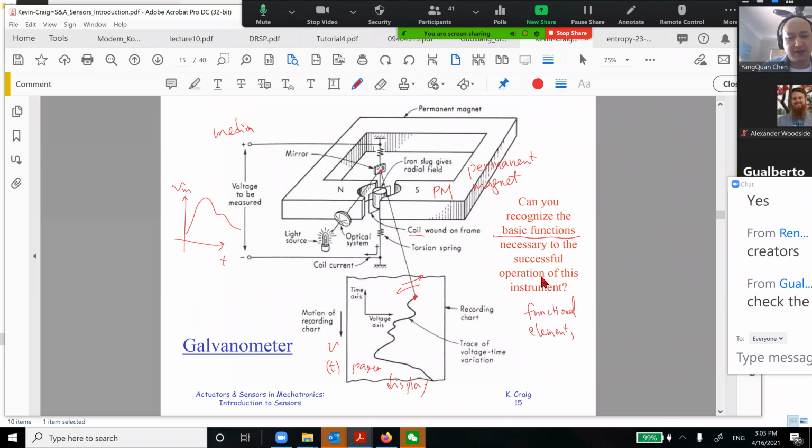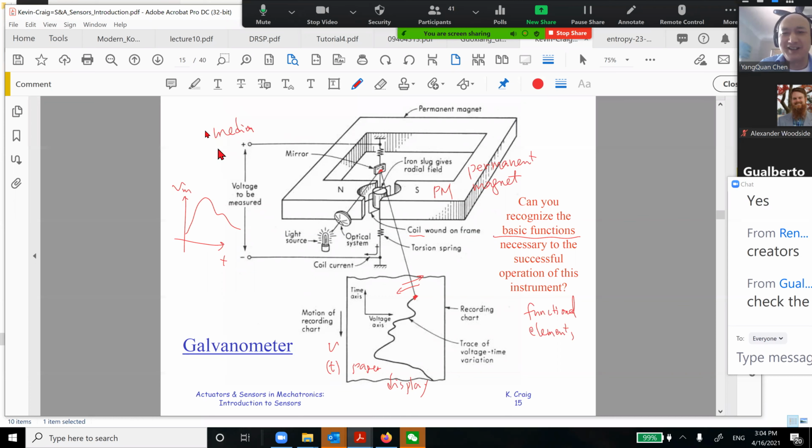So this is another example called a galvanometer, okay? Probably today you don't see this very often, but previously it was used a lot. For example, in earthquake recording, you have a plotter moving very fast, writing all this down. So this is also similar, okay?